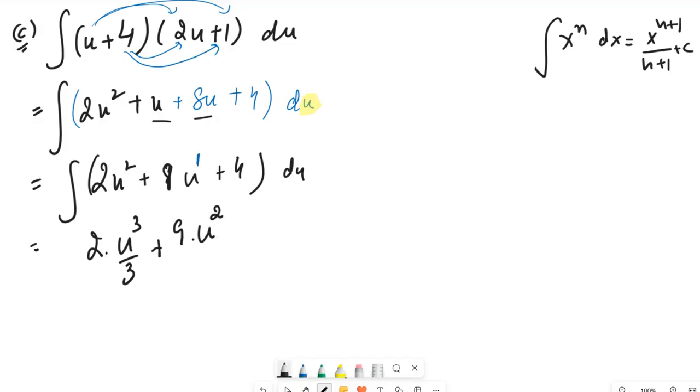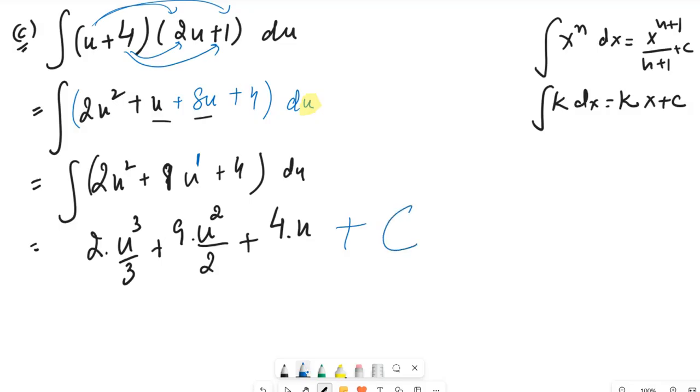So 1 plus 1, 2, by 2, plus 4 is just a constant multiplier. The integral of a constant is just the constant with the variable. In our case, the variable is u, plus always write a c. So actually this is your answer. There is not much you can change here.